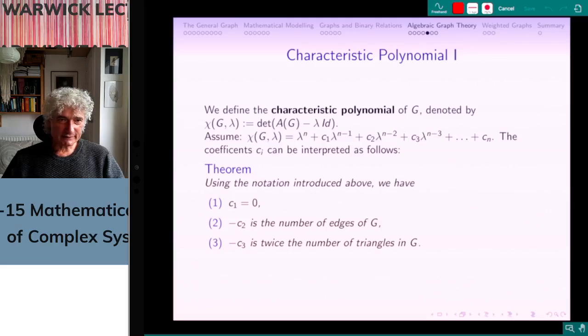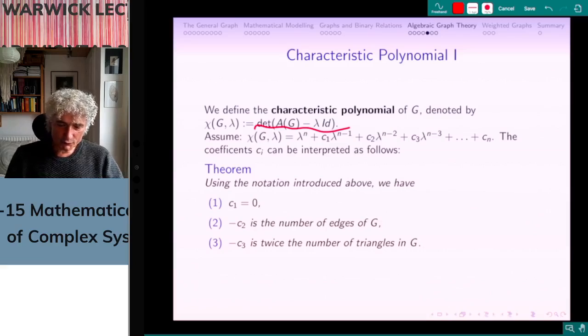Now there is an interesting theorem, and this shows you the full power of algebraic graph theory. First, let's define the characteristic polynomial chi of G and lambda, and this is of course the determinant of the adjacency matrix minus lambda times the identity.